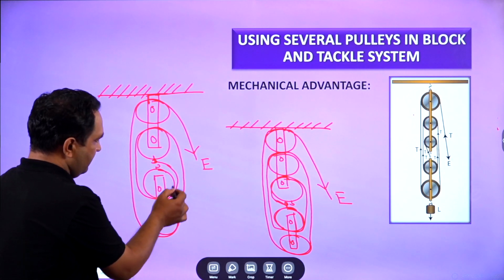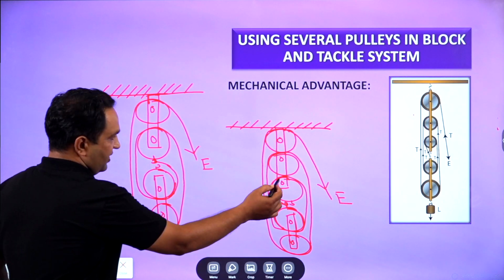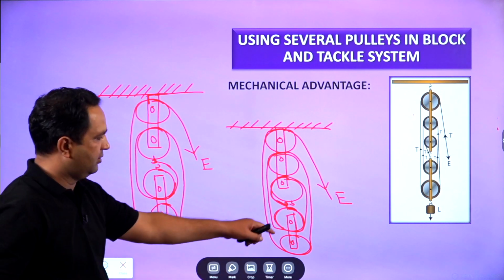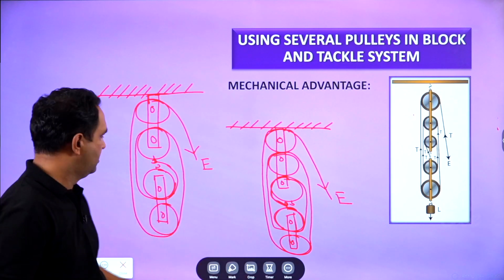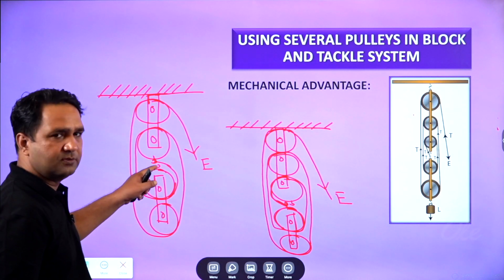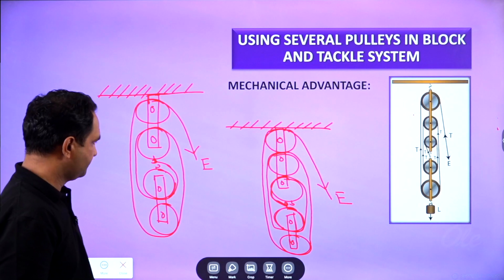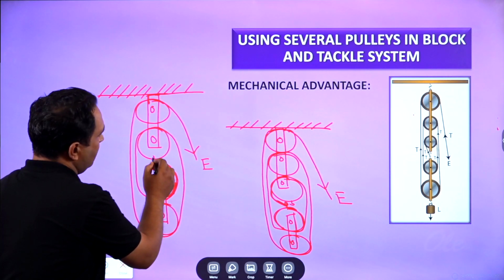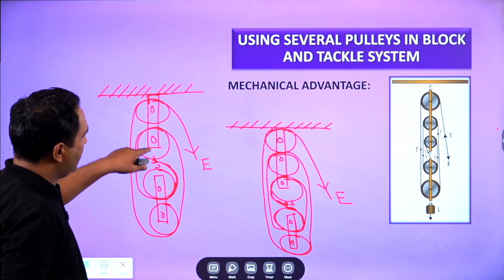Opposite to the direction in which it is coming. If it was coming in this direction, then it goes to the hook of the lower part pulleys, and if it is coming here, then to the hook of the upper part pulleys. Okay, since it is coming from the downward direction, it will go with the upper part pulleys.